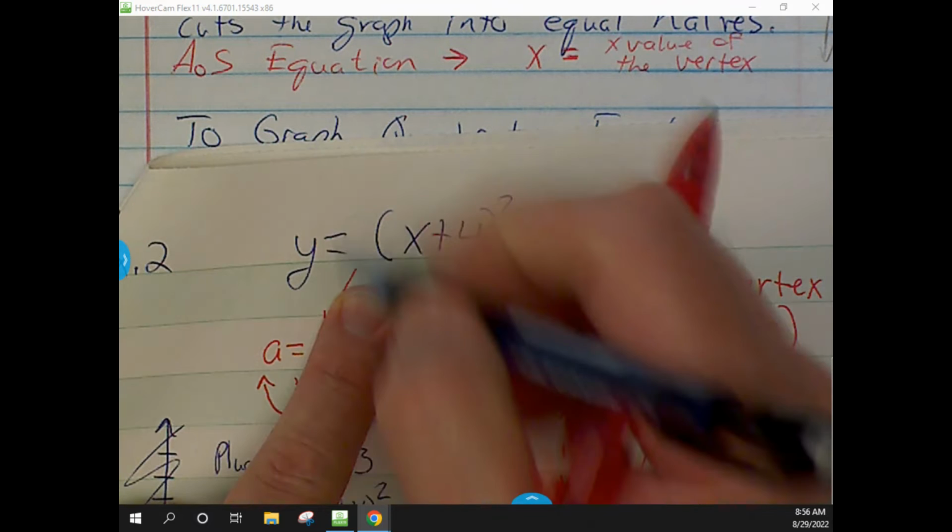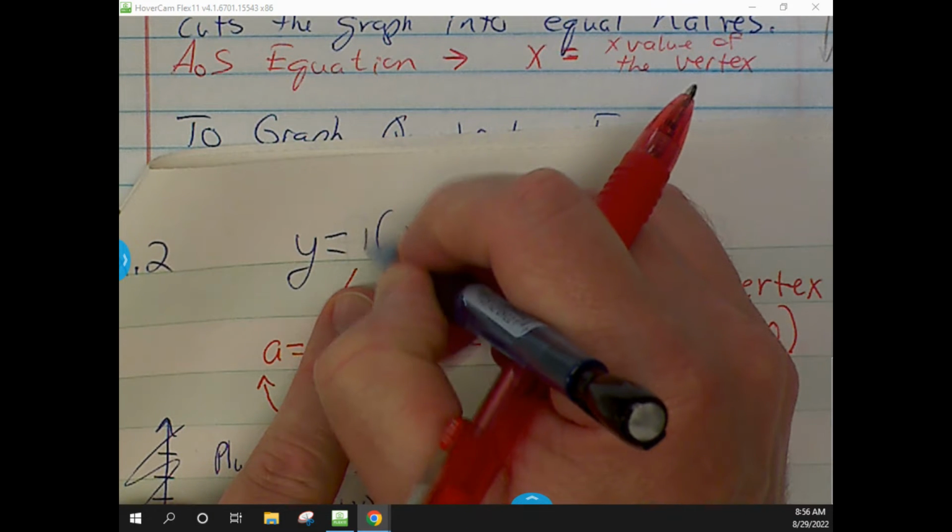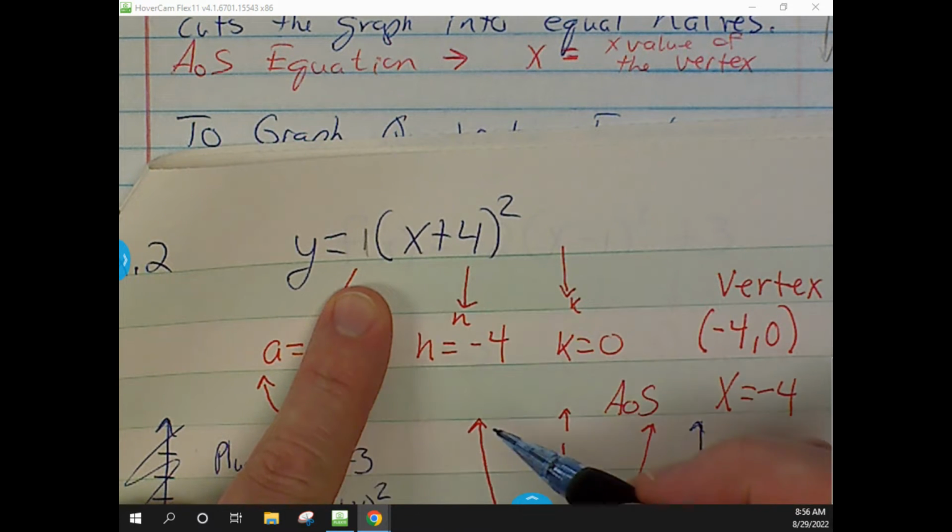We said you always look for a number in front. It's going to tell you, kind of like the slope in this case.